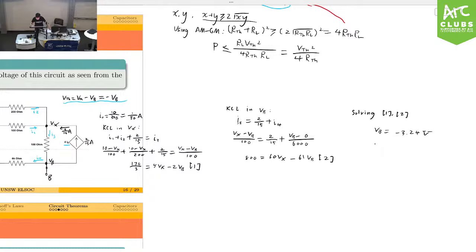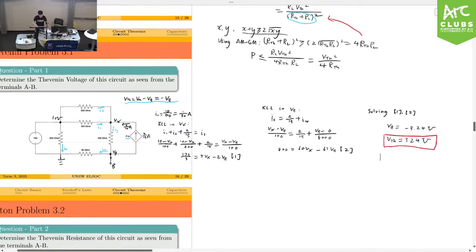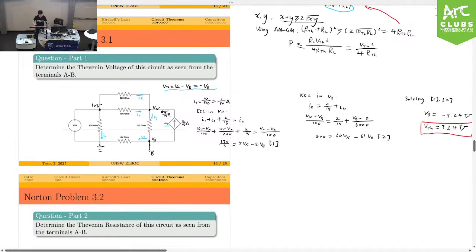So now VTH equals 3.24 volts. We'll be using this number later, so let's quickly box it. And this is basically how we do every Thevenin voltage question: find the open circuit voltage using either mesh or nodal.